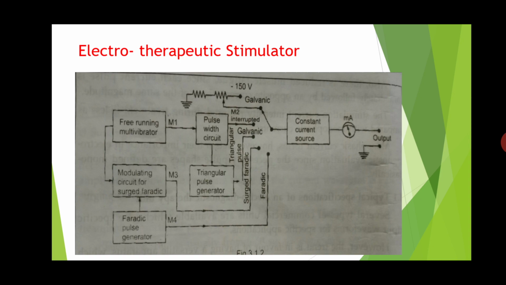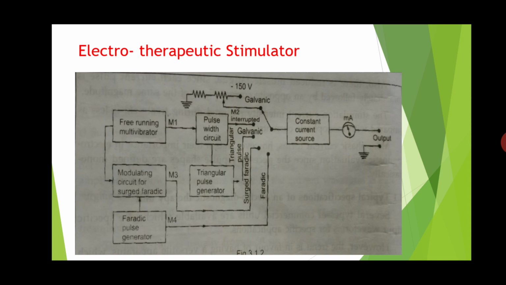For the modulating circuit, two inputs are given: first from the free running multivibrator and another from the Faradic pulse generator. Here we get the modulation of the two signals, and the output of this modulating circuit is the surged Faradic signal, which we get at M3.